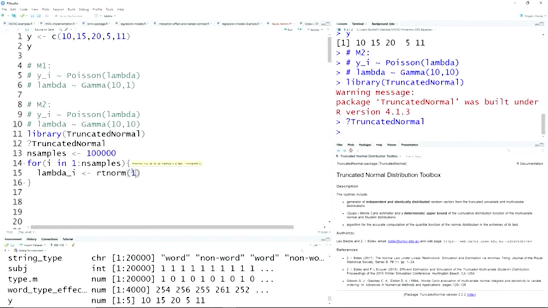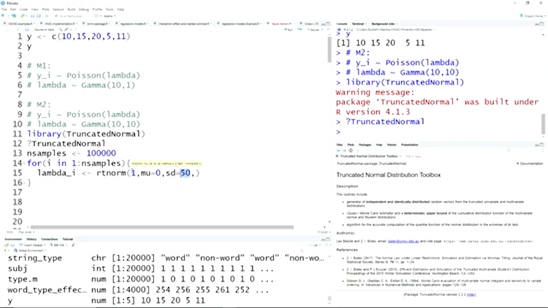So let's say I will generate one proposal from this density with mu, let's say around 50, could be 0 as well. Let's say 0. SD would be, let's say 50. So I'm allowing lambda values to be between 0 and 100 approximately.